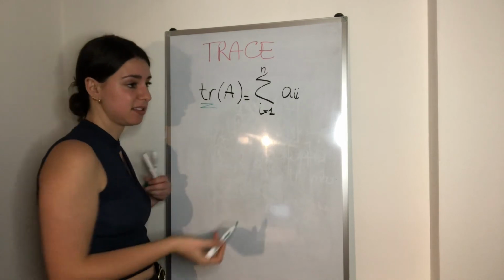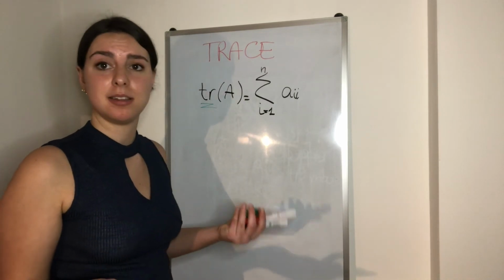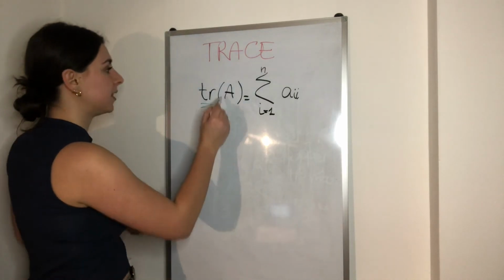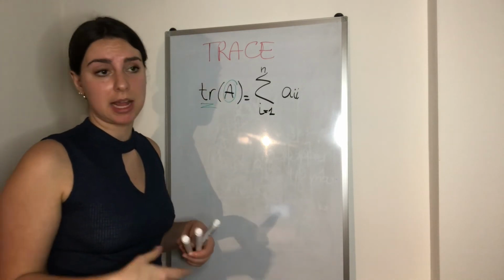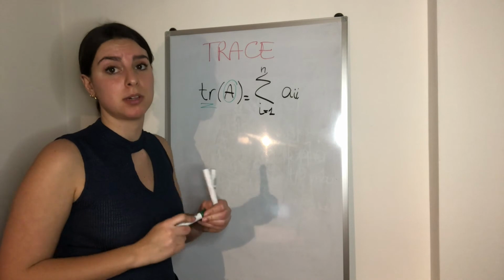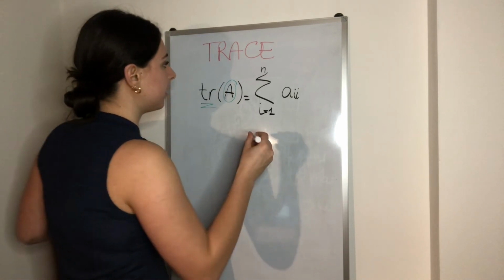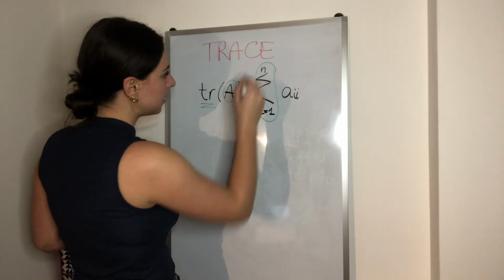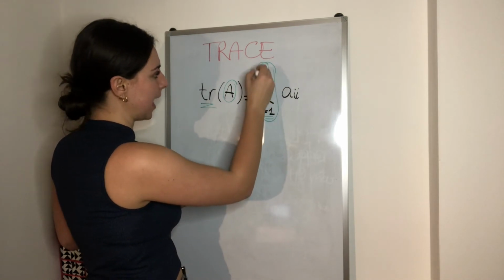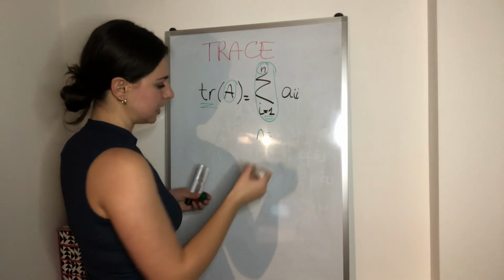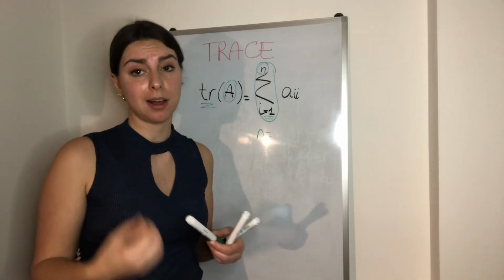Trace is just called tr. So this is the name of the matrix that we are calculating our trace of. This is a summation and it goes from 1 to n. n is the number of rows and columns.